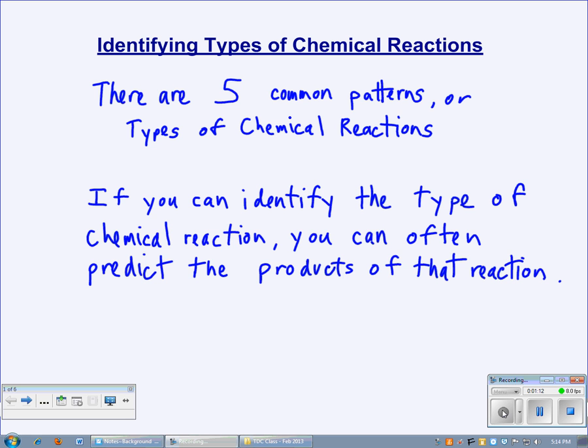How are we going to recognize the type of chemical reaction? What we're going to do is examine the reactants given to us, and these reactants will combine in a predictable way. You recognize the pattern, you recognize the predictable way these reactants are going to come together, and you can then determine the products of that reaction.